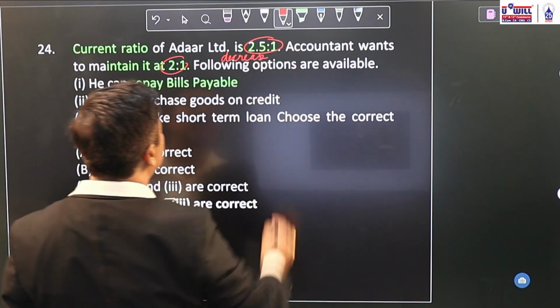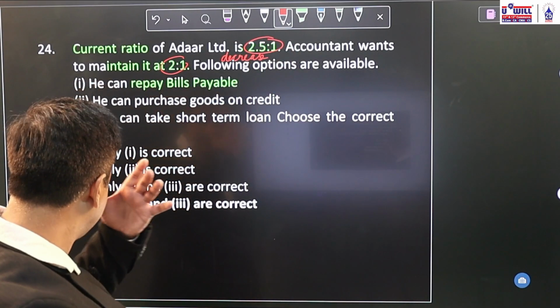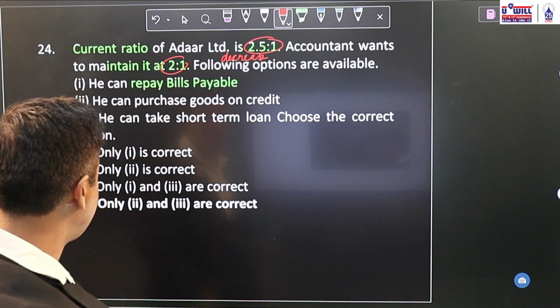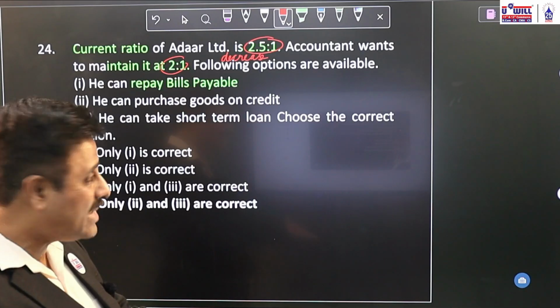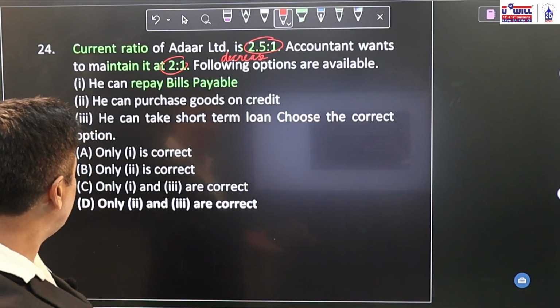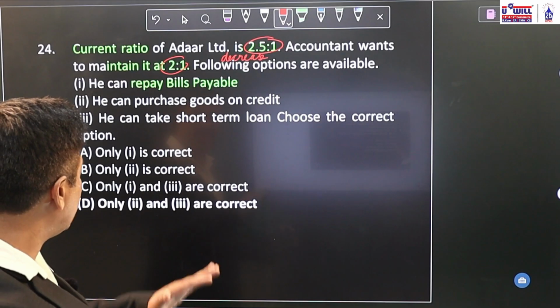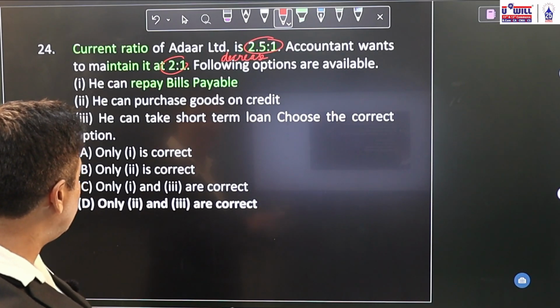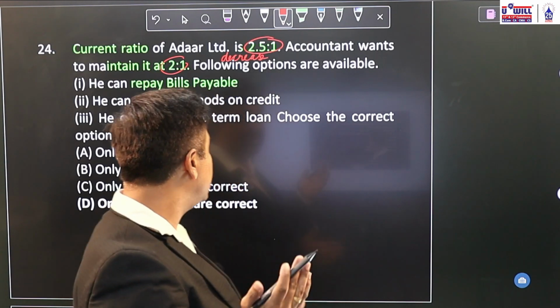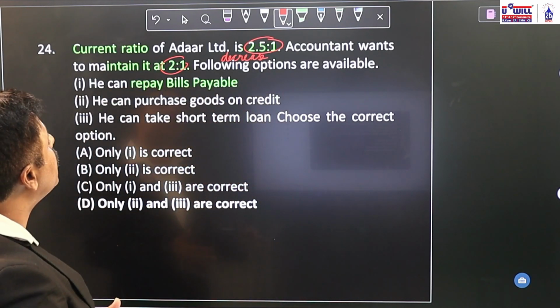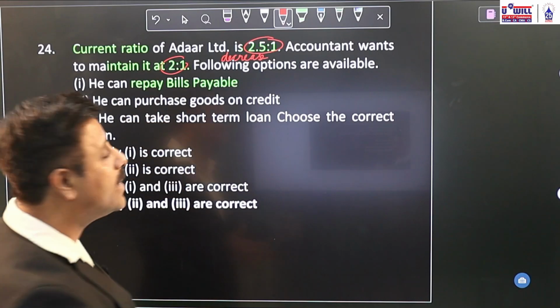Now, what will happen if you repay the bills payable? Understand it. If you repay the bills payable, then current liability will decrease and on the asset side current assets will also decrease, because cash is going out. Current asset will decrease, current liability will decrease, means overall the ratio will increase.